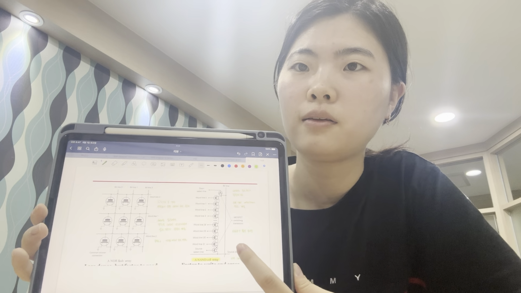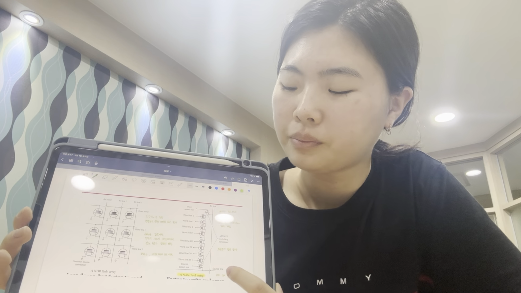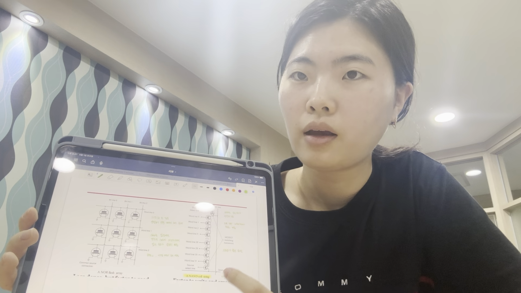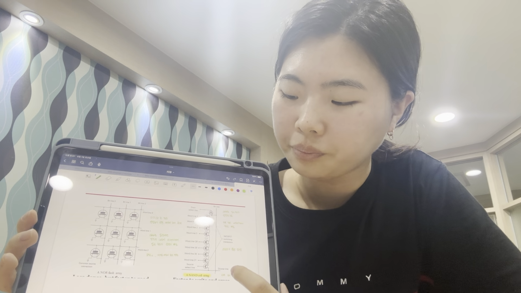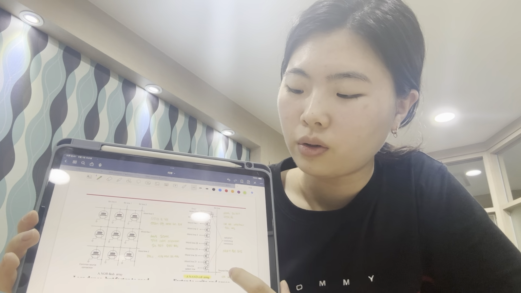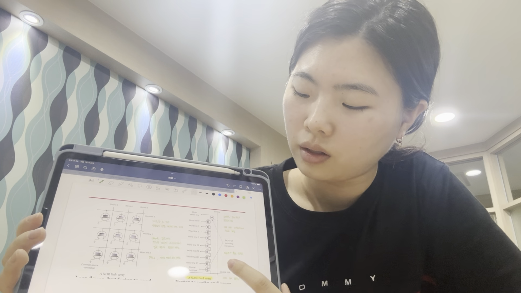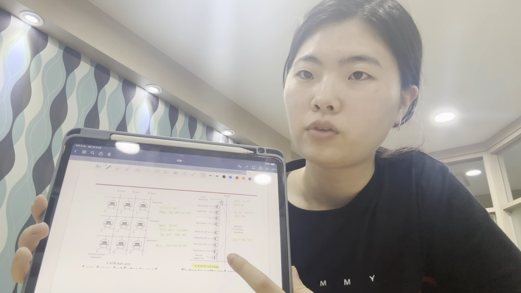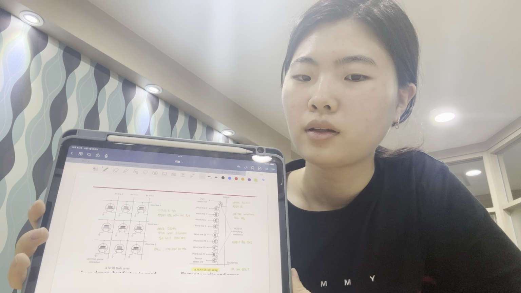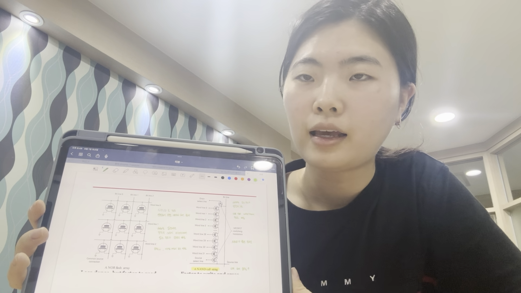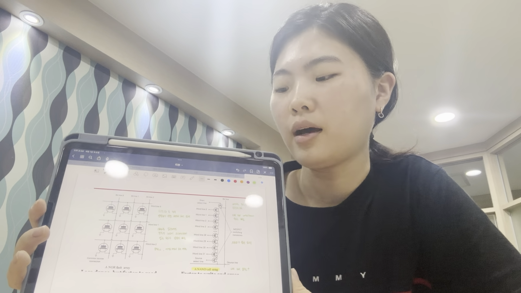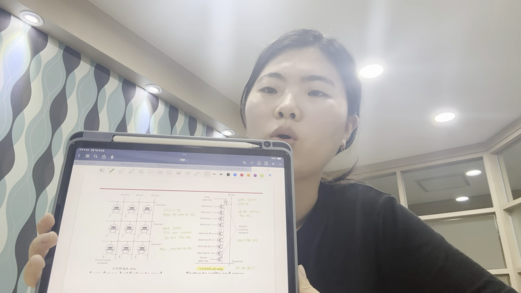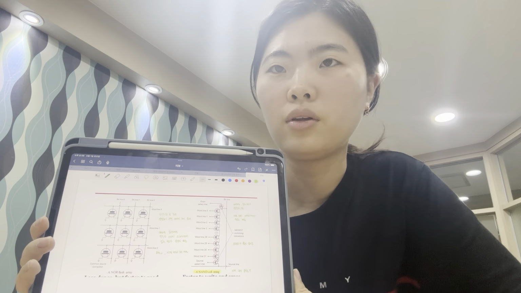However, in NAND flash memory, the cells are grouped together, sharing the same word line and bit line, so we can make a smaller device based on NAND.